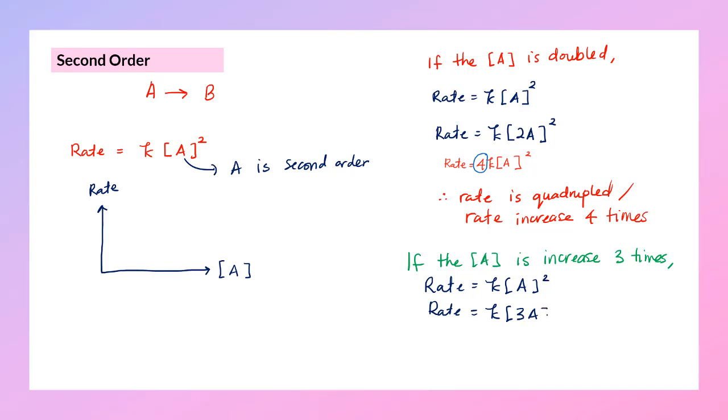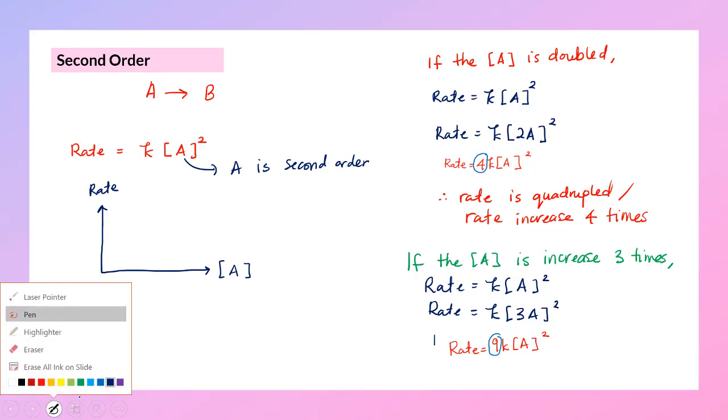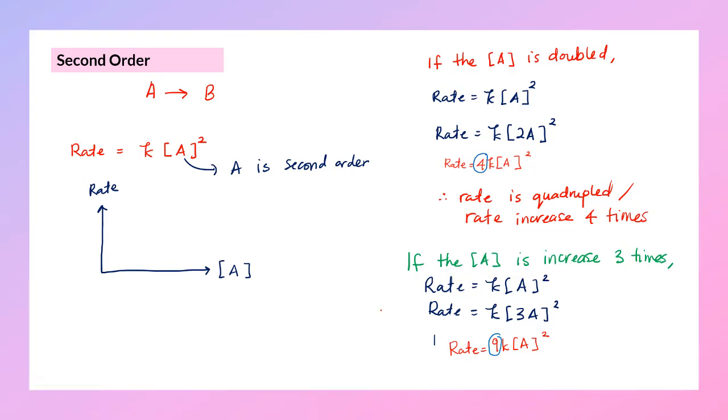So the rate becomes 9k times concentration of A squared. So you can see here the rate increases 9 times, or by a factor of 9.